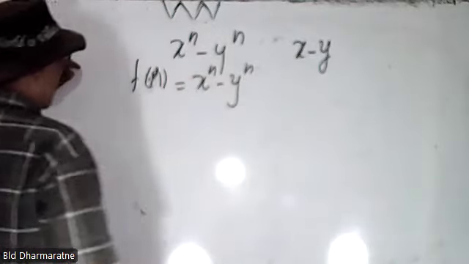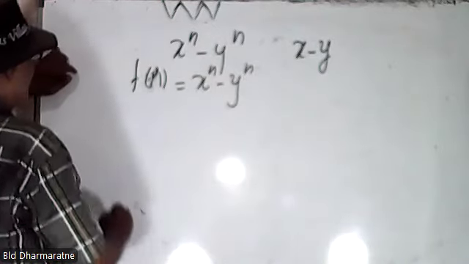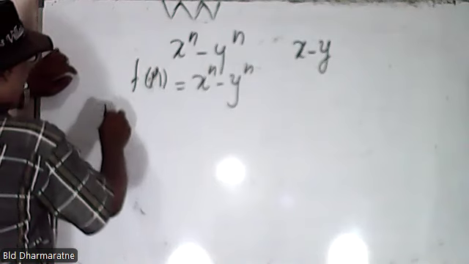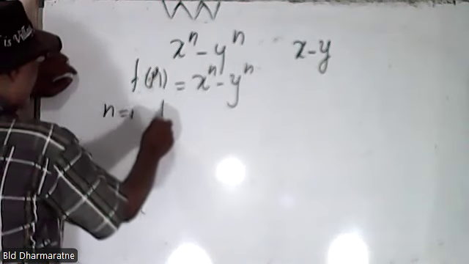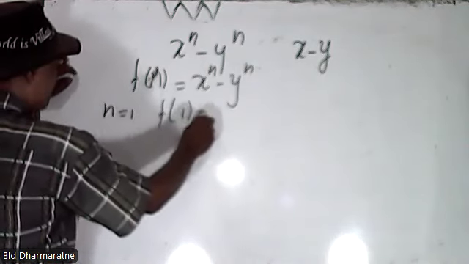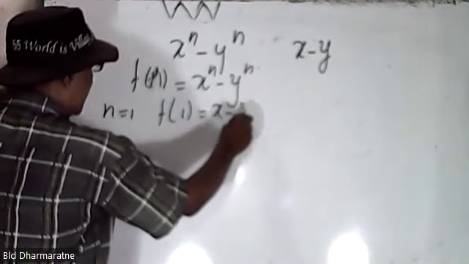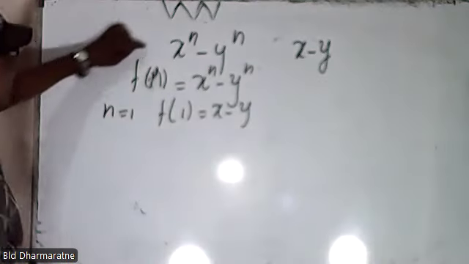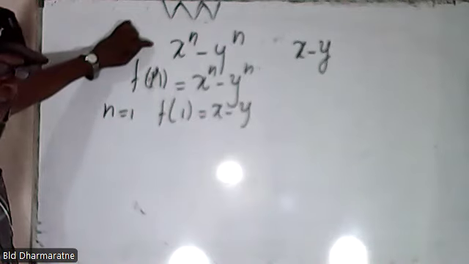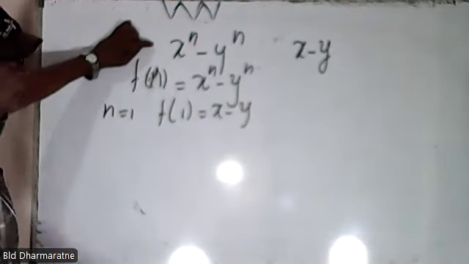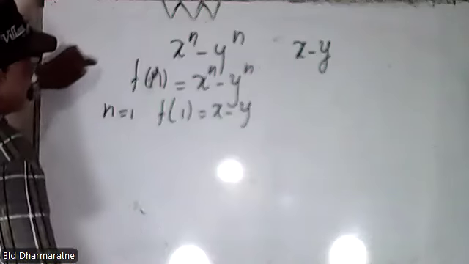When we take n equals 1, F1 equals x minus y, which has the factor x minus y. So for n equals 1 the result is true, x minus y is a factor.